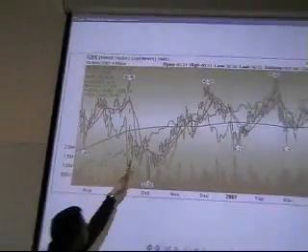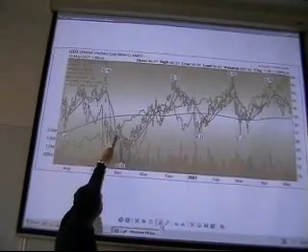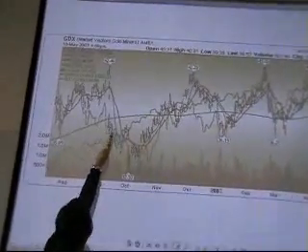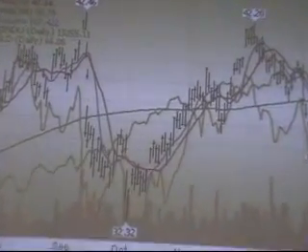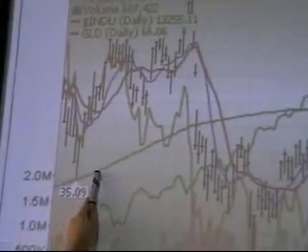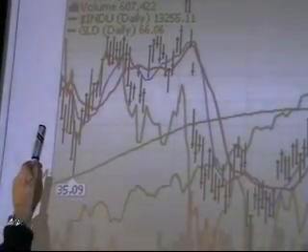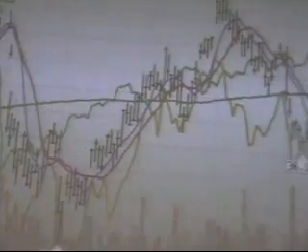Then you have the red line, which is 13 days. You can see how the blue line is very zigzaggy, but the 13-day is a lot smoother. And if you go any further, you'll see this one here, this green line, which is MA200, you can see is so much smoother.